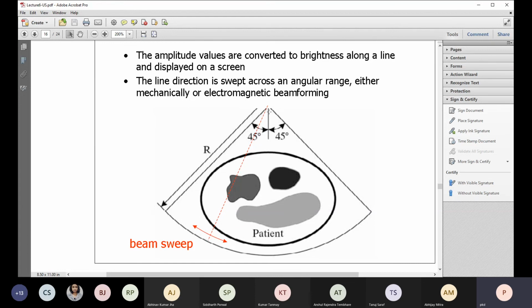Similarly, all such orientations will be there. Now, if we have multiple measurements, then what will happen? The same point will contribute to different point intensities. From one point, I have the sum of all these intensities.